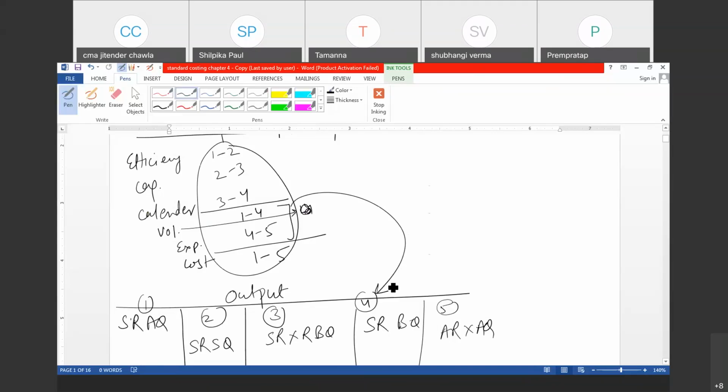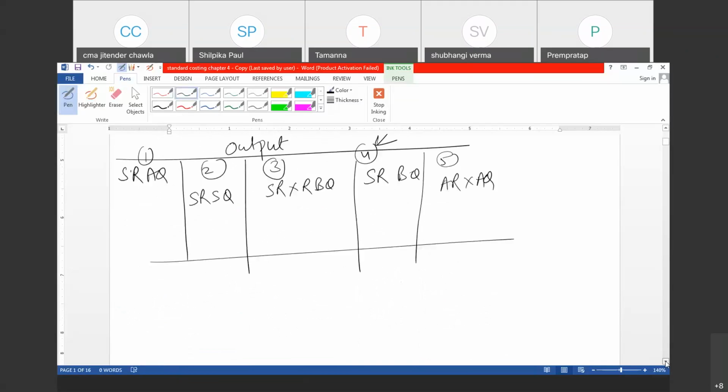First one you have efficiency, capacity, calendar, volume, budgeted or expenditure. Next one is cost. Right? Am I clear?